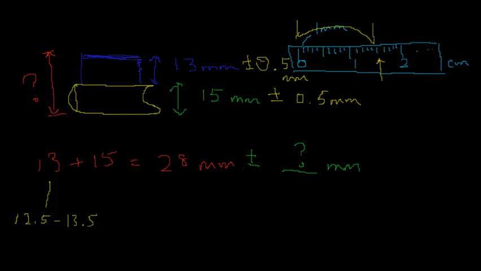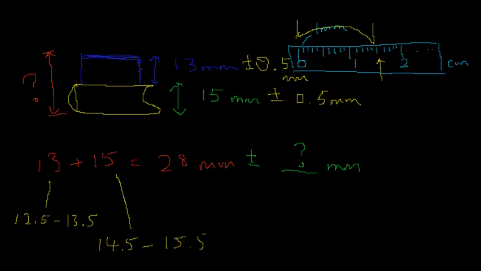So likewise for the 15 millimeter reading, it can be anywhere between 15 minus 0.5 and 15 plus 0.5, and that would be anywhere between 14.5 to 15.5. And so from these two, we can actually say something about the final answer of 28 millimeters.